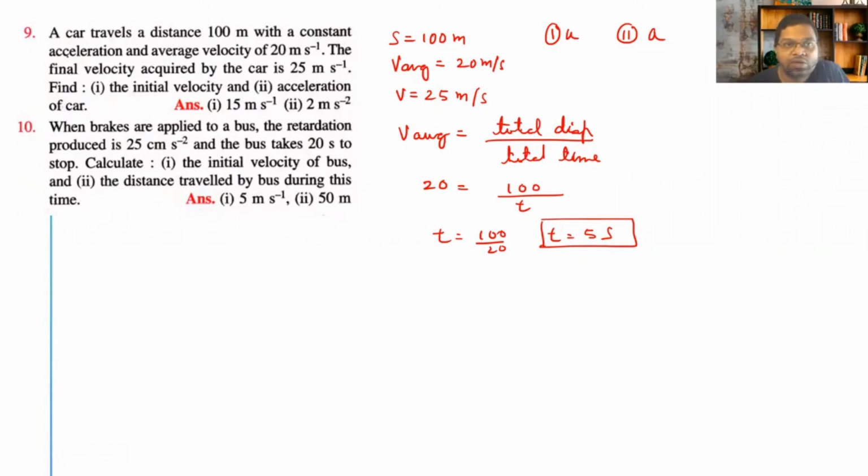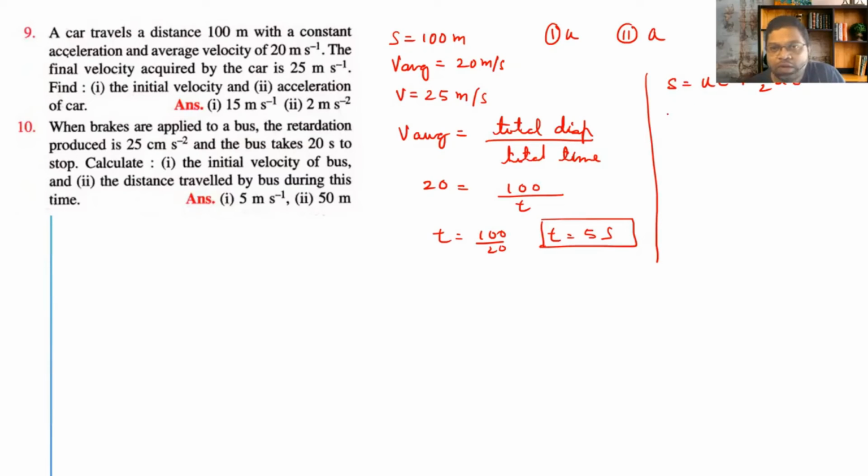So let us solve this. The first thing that is there is s is equal to ut plus half at squared. Now if you plug in, what values do you get? s is equal to 100 and u we don't know.